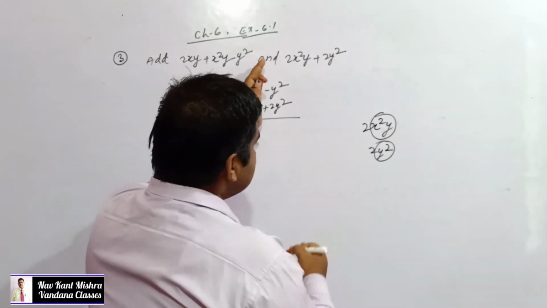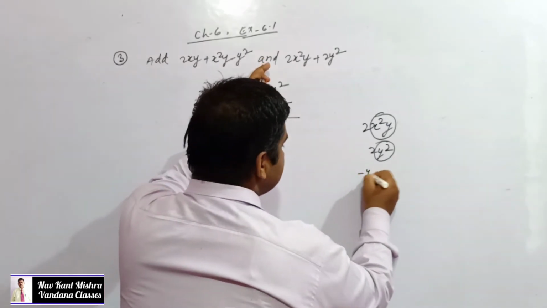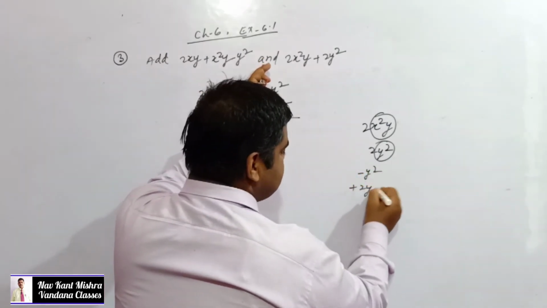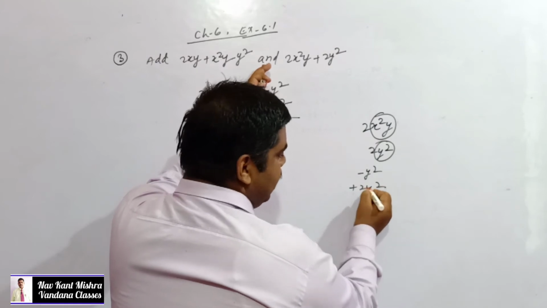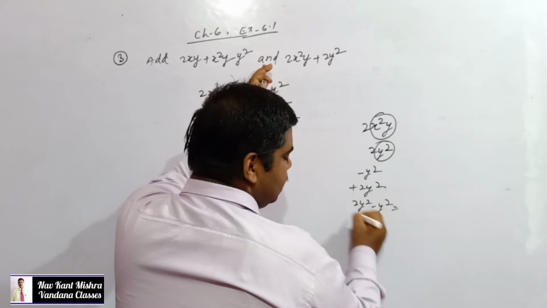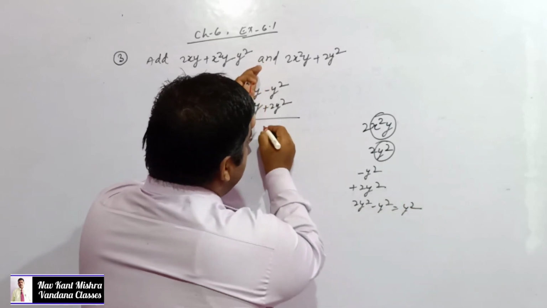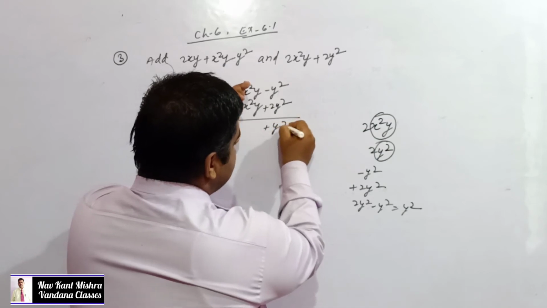You can see that in the third column there is minus y squared plus 2y squared, and you know very well that 2y squared minus y squared is y squared, so you write plus y squared.